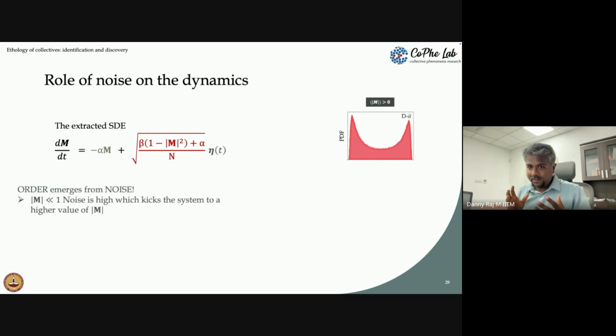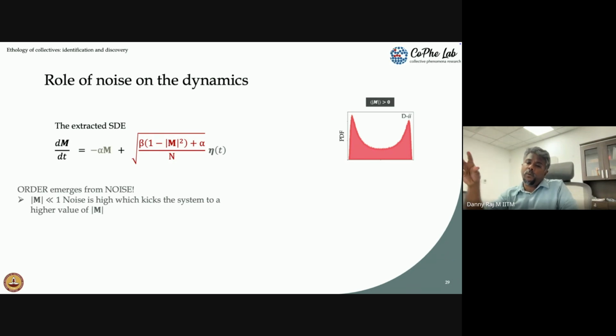Does that make sense? So all of this is what makes this entire process worth it, right? You started off with some data, you get some equations, and now the equations inform you of the kind of dynamics and throw light on what's going on in the system. And there are a lot of interesting connections. You can look up a paper on this, which has a lot of details.